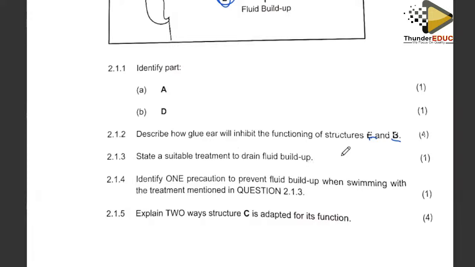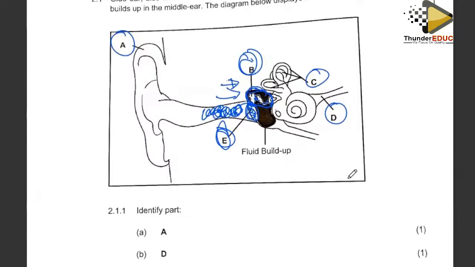All right. State the suitable treatment to drain this fluid which builds up. So if there is too much fluid here, the pressure is coming from this side and this pressure is coming from that side. The one being built from this side through the air will not be able to pass.